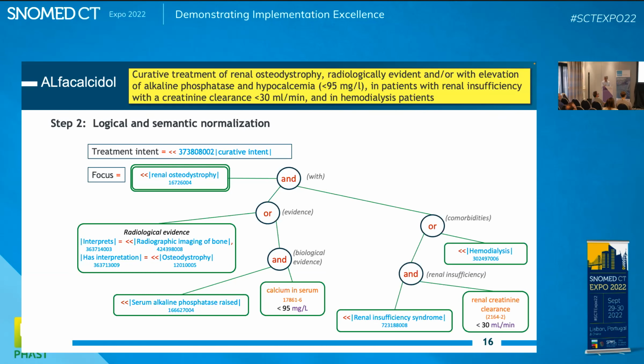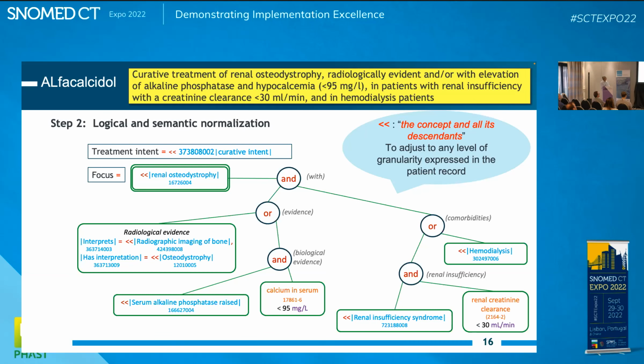Then the right branch of the tree will check the comorbidities. So we may have one of the two, hemodialysis, so the patient undergoing hemodialysis, or a patient suffering from renal insufficiency. And in that case, backed by the renal clearance creatinine.